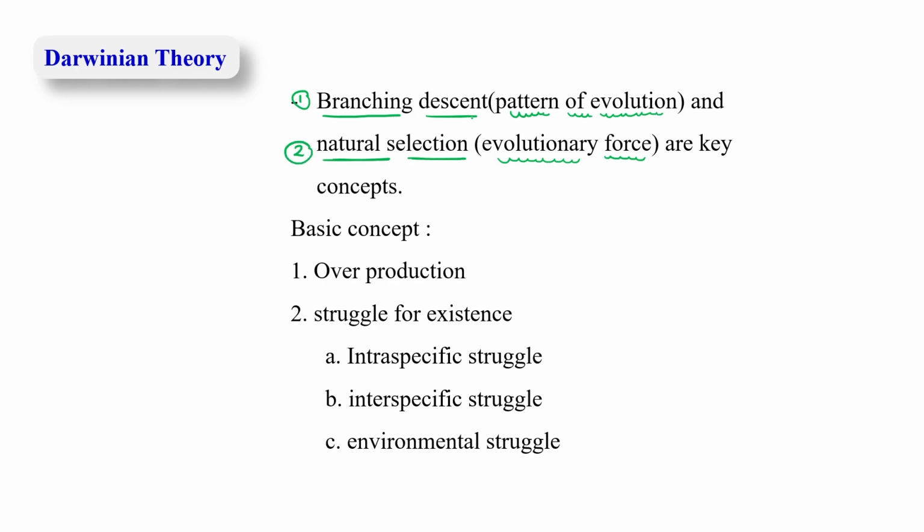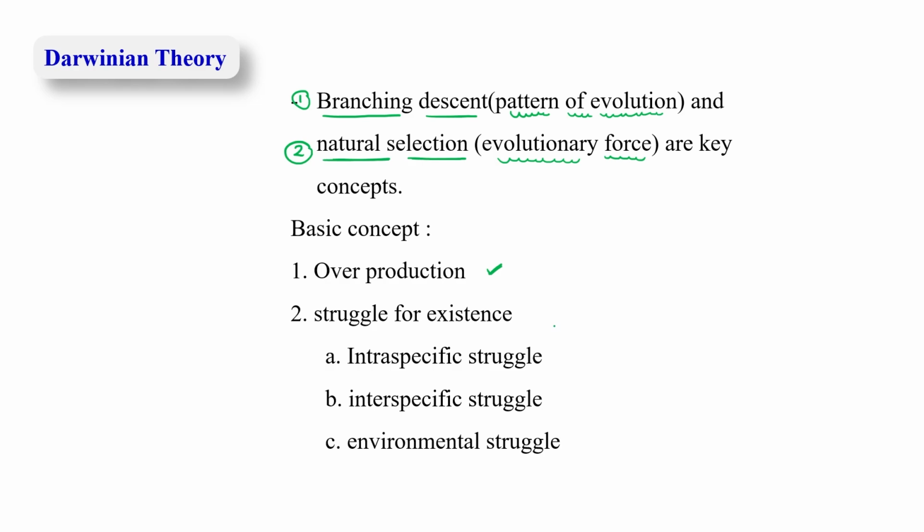Branching descent means the pattern of evolution, and natural selection means a kind of force, naturally selected by nature. These are the key concepts for evolution. According to his theory, these are certain points he discussed. First is overproduction.